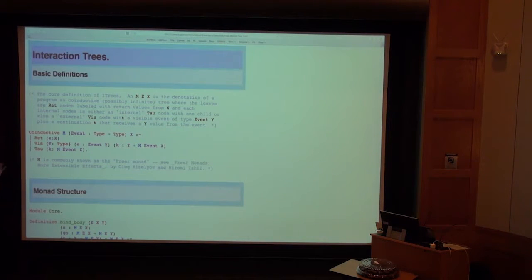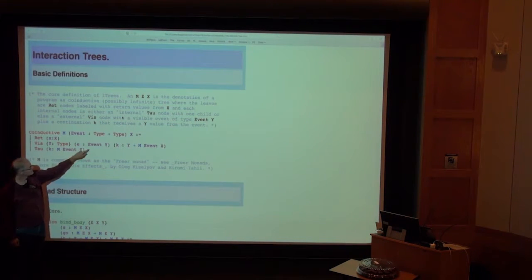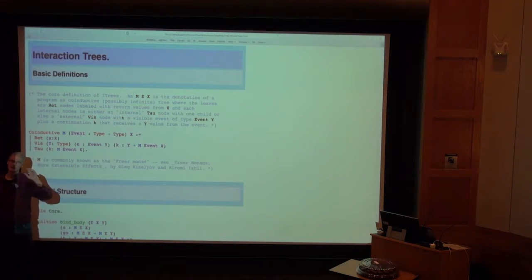Okay, so trees, M's, can represent computations that are finished. They can represent computations that are doing some work internally, or they can represent computations that want to interact with the outside world, that are doing some interactive event. That event is called little e, and it comes from this parameter type event. And y is the result of that event.